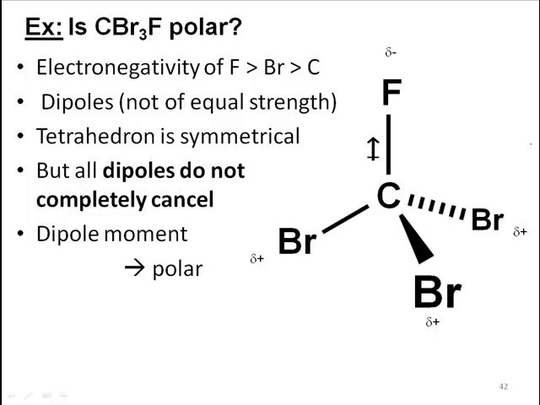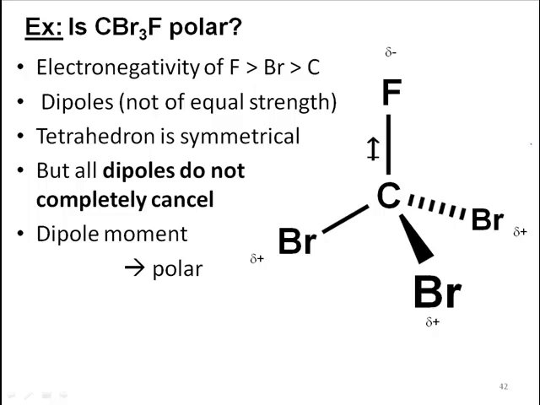In general, there's tetrahedral dipole. If you've got things around a carbon, and one of them doesn't match, it's going to be polar. If two of them don't match, it's still going to be polar. If three of them don't match, still going to be polar.